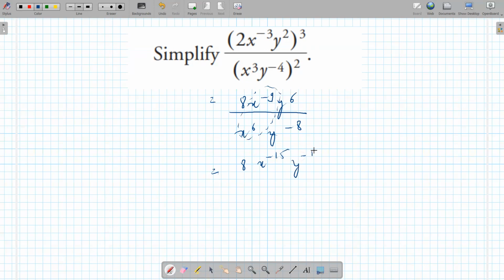So the thing with exponents is that usually for the final answer, you would make all the exponents positive. We do not want a negative exponent in the final answer. So how do we make these exponents positive? Right now they're negative.